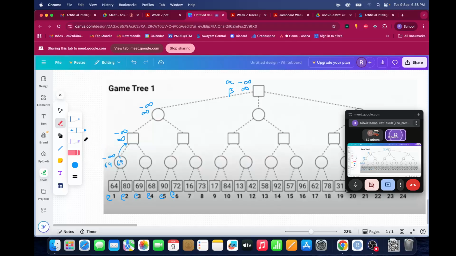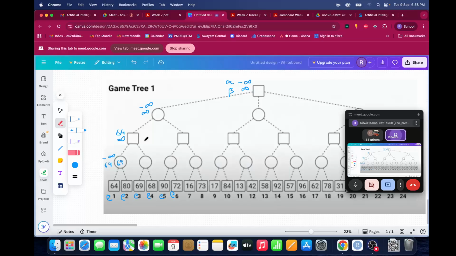So it will pass 64 to its parent max node, whose alpha value minus infinity is lesser than 64, or 64 is greater than minus infinity. So this minus infinity will get updated to 64.